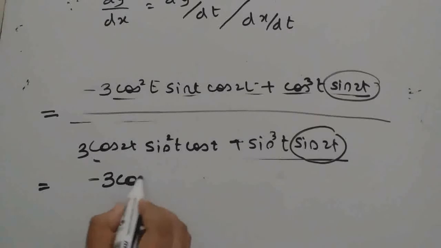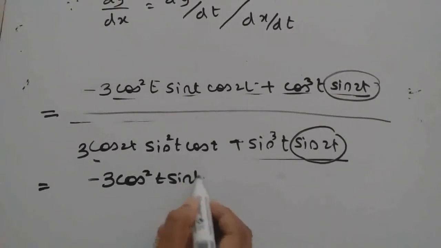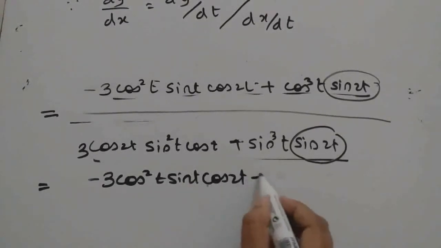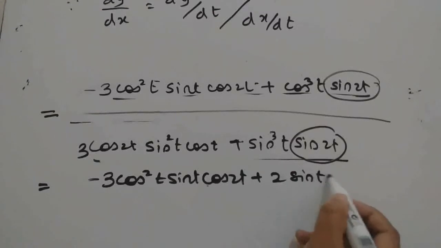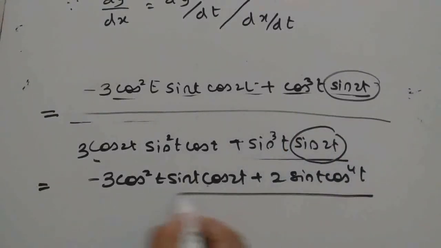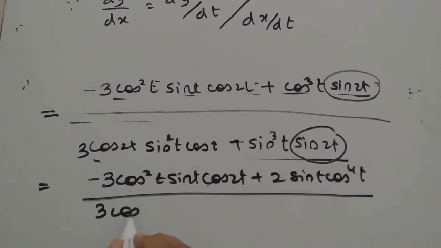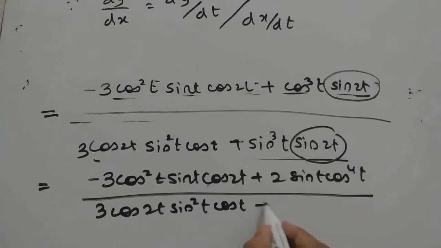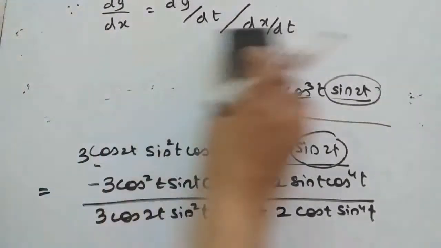So minus 3 cos square t sin t cos 2t plus 2 sin t cos t cos raised to 4t, isn't it? Divide by 3 cos 2t sin square t cos t, here 2 cos t and sin raised to 4t. Now we can take common.